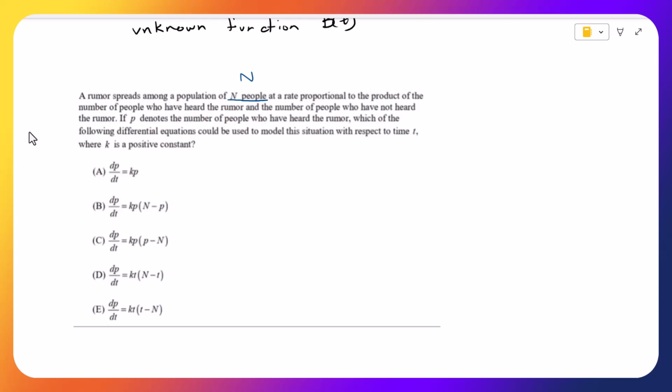Proportional, what does proportional tell us? Proportional tells us that we have a k to the product of, and now we're proportional to what? We're proportional to the product of the number of people who have heard the rumor and the number of people who have not heard the rumor.